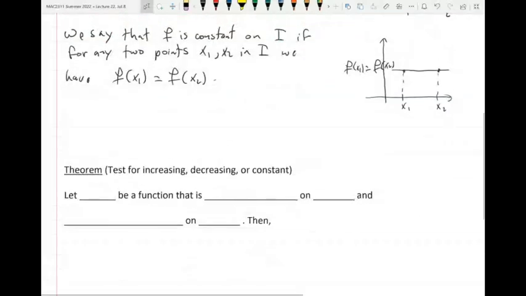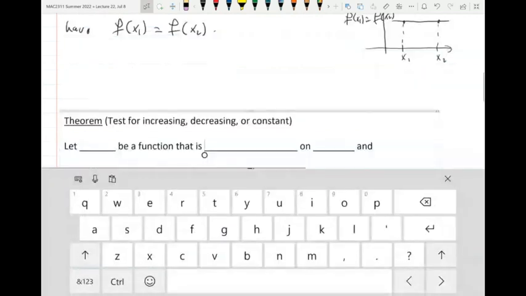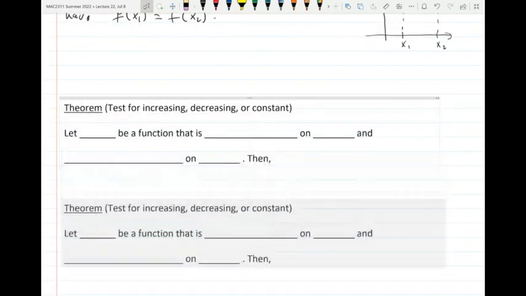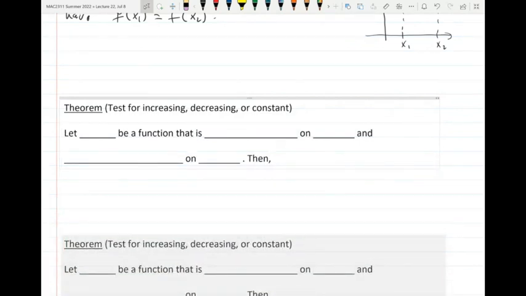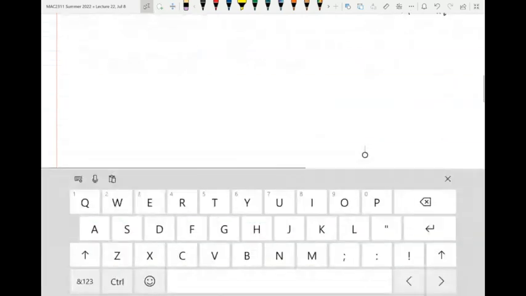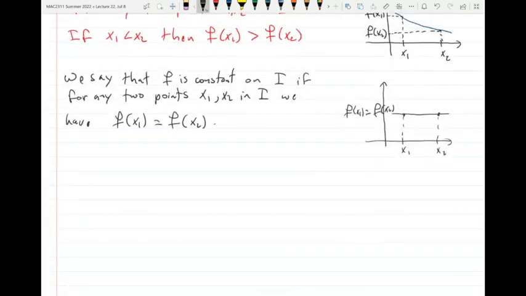Okay, so let me write that down, but before that, let's do a little exploration. So the question now that we want to answer is, how do we detect the monotony?